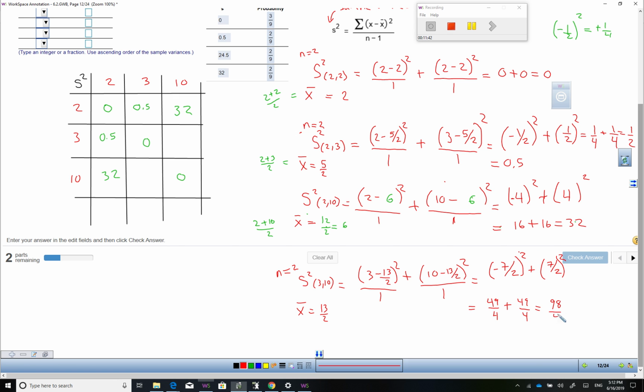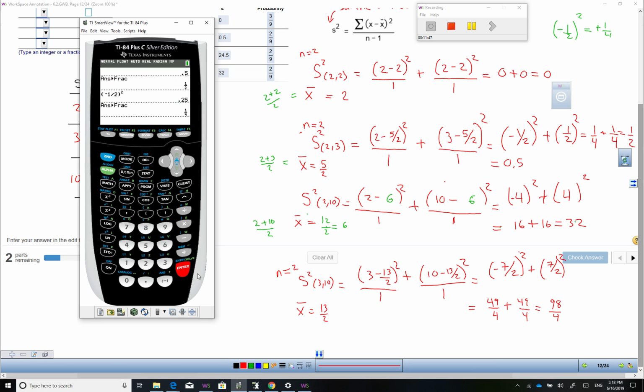You can also verify these operations I did on the calculator. You can actually type negative 7 over 2 to the second power and press math 1. That's how I got the 49 over 4. You can verify this operation if you want.